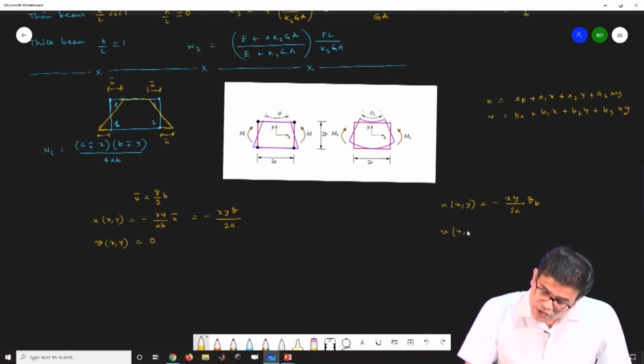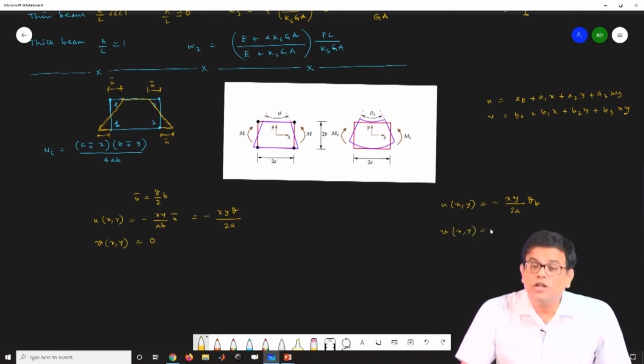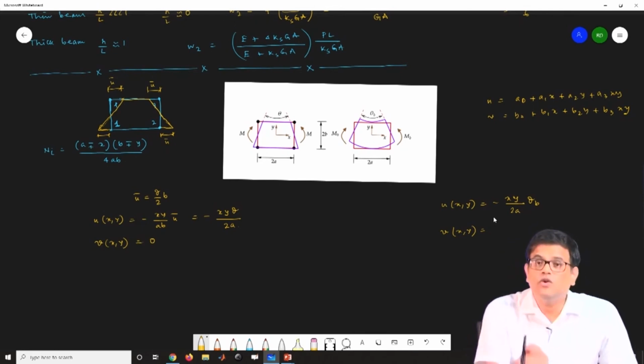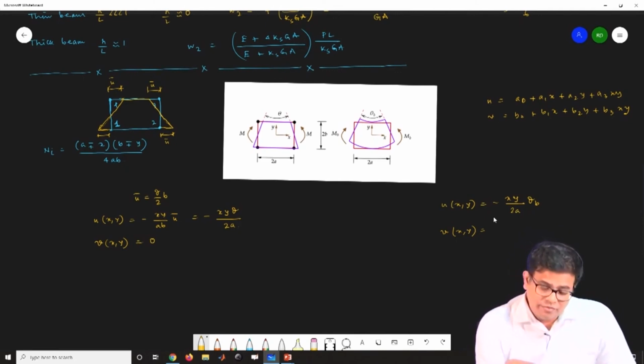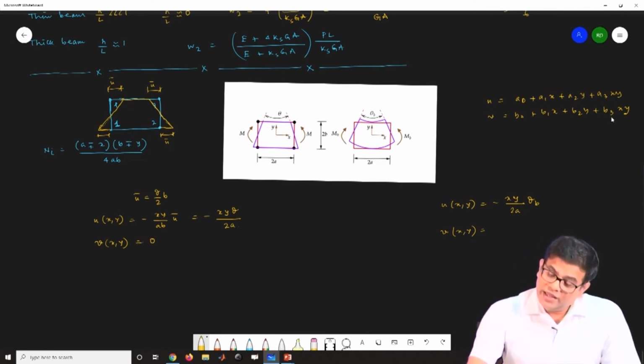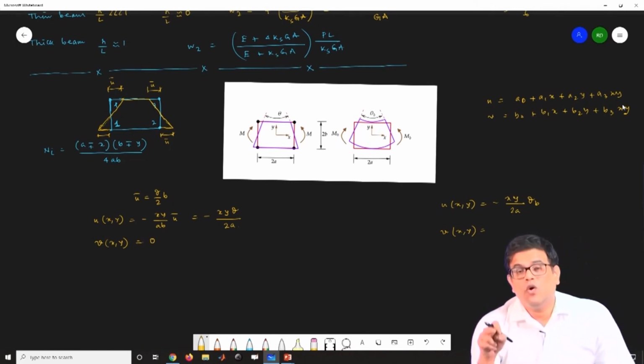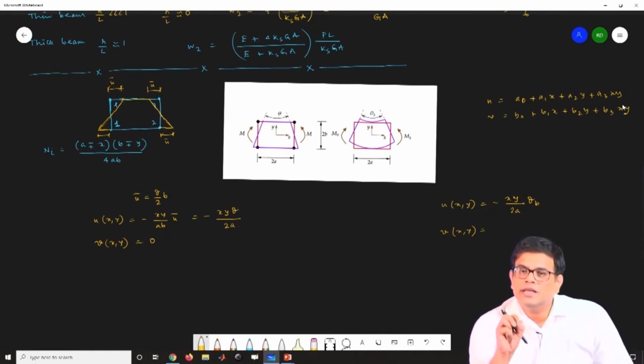So v of xy is non-zero for the exact case, because naturally these fibers will go up. In the element approximation, these fibers will not go up, because it cannot represent the quadratic behavior of this curvature. That is why it is called a bilinear element. Only xy variation is there in the displacement representation.